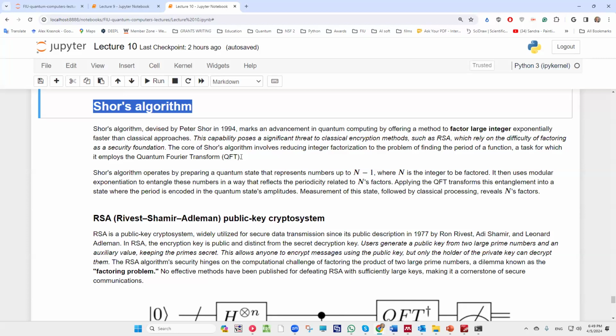Okay, so imagine we have a big number, just a large number, and we need to figure out if this number can be factorized into the product of two prime numbers. As a reminder, a prime number is a number that is divisible only by itself or by one. And why is it important?